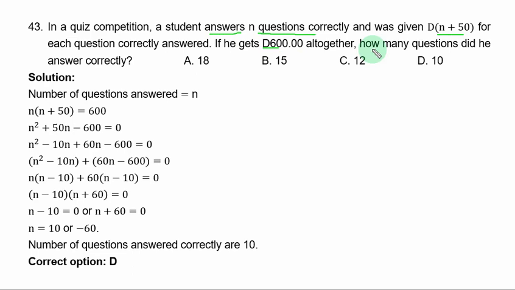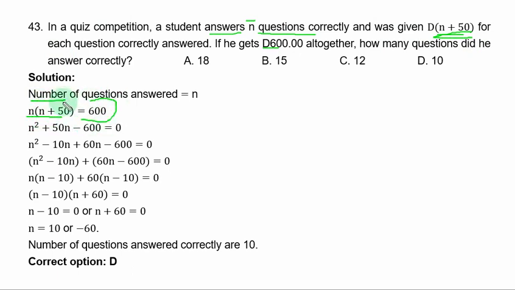Now, if you go by simple arithmetic, let's say for each question answered correctly, he gets 5 naira. So if he answers 2 questions, it becomes 10. 3 questions becomes 15. So each question is this. For answering n questions, the amount he received is this amount times n. That is what you have here, equal to total amount.